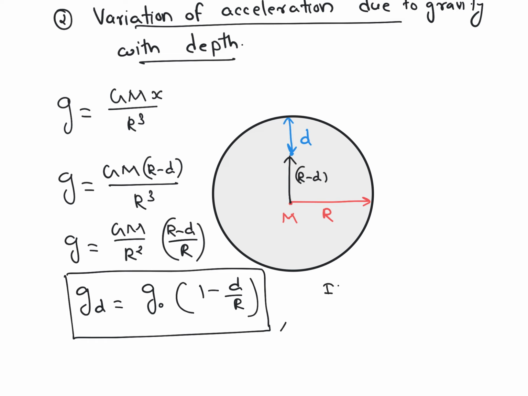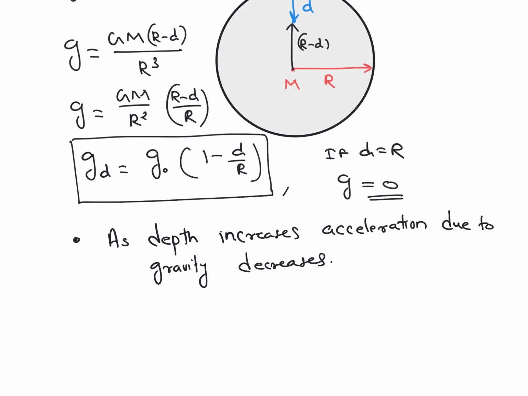Now if we take d equal to R, it means we are at the center, and according to the equation the acceleration due to gravity at the center becomes 0. So as the depth increases, acceleration due to gravity decreases.